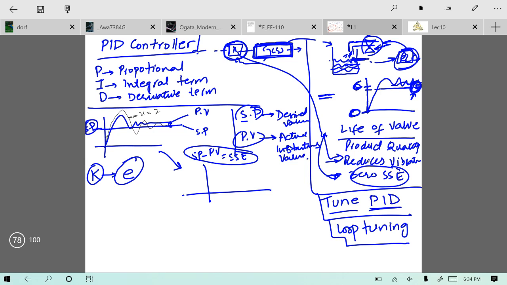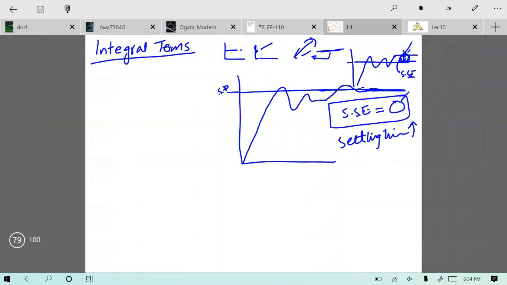If we install an integral controller with this G of S, our system would have the capability to make the steady state error zero, to close or open this valve completely. So this is the beauty of your integral term.